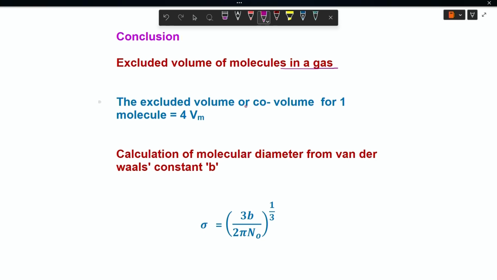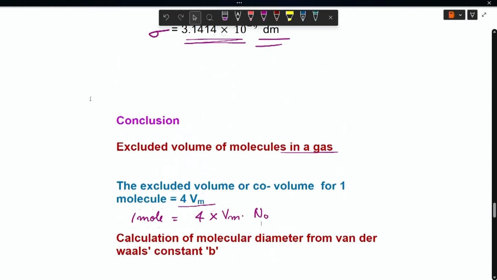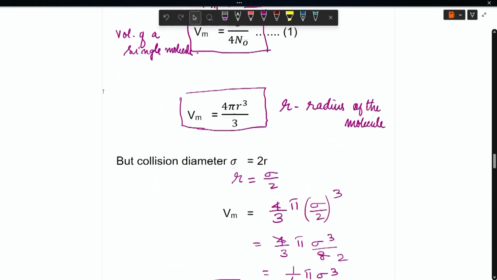The excluded volume for one molecule has been found to be 4 into the volume of a single molecule, and for 1 mole, the only difference is 4 into Vm into Avogadro number N0, for which we have already seen the derivation.